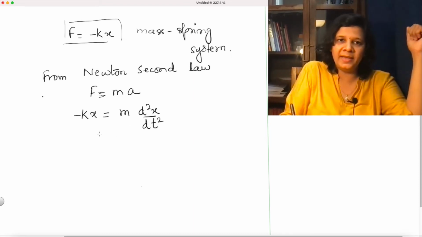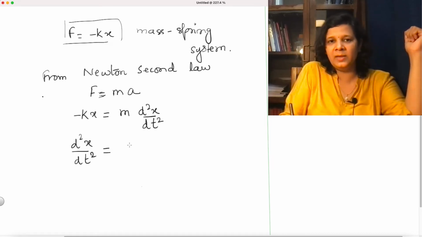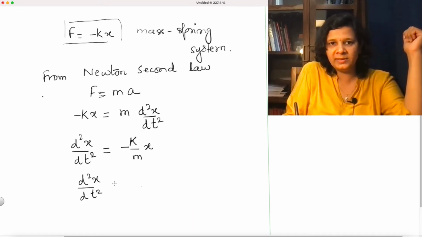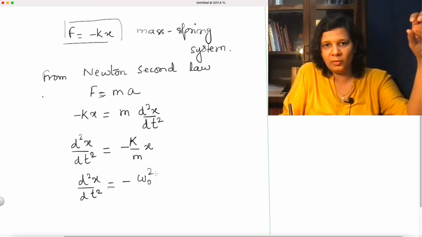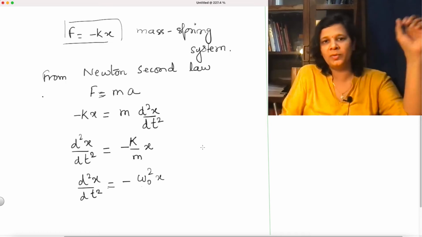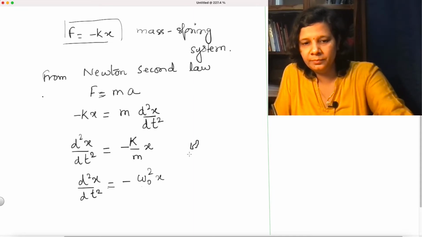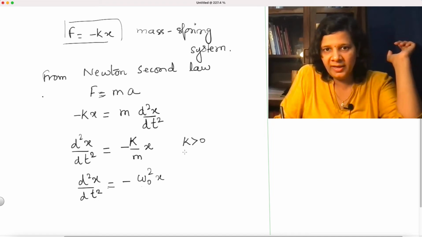I will take my m to the left hand side, and more neatly I can write this equation as d2x by dt square is equal to minus k by m into x. Now, k by m I am writing as omega naught square. One important thing to note here is that k is greater than 0 and m is greater than 0.